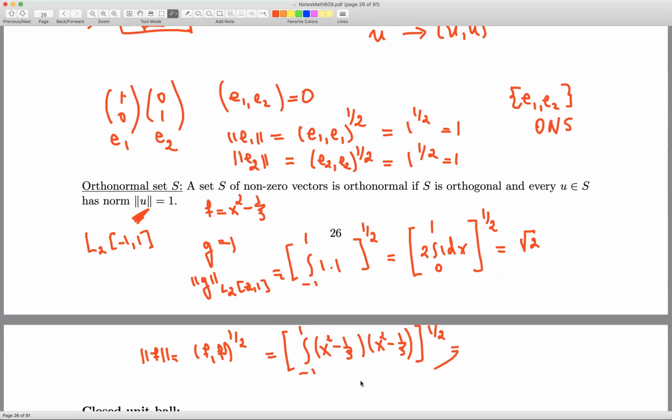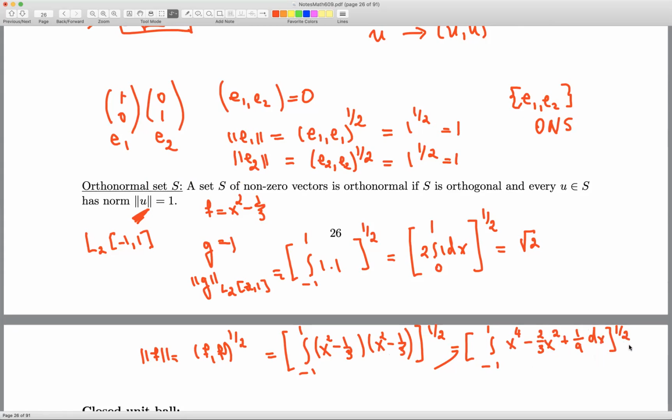What we can do here is the integral from -1 to 1 of (x squared minus 1/3) squared. So this will be x to the power 4, then minus 2/3 x squared, and then plus 1/9, dx, and this raised to the power 1/2.